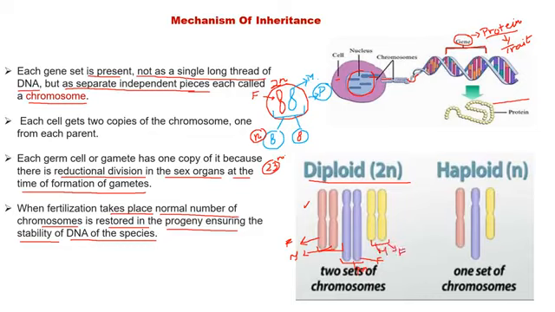Okay, when the gametes are formed, these are the gametes, right? Gametes over here can be eggs, or they can be sperms, right? Egg or sperms.